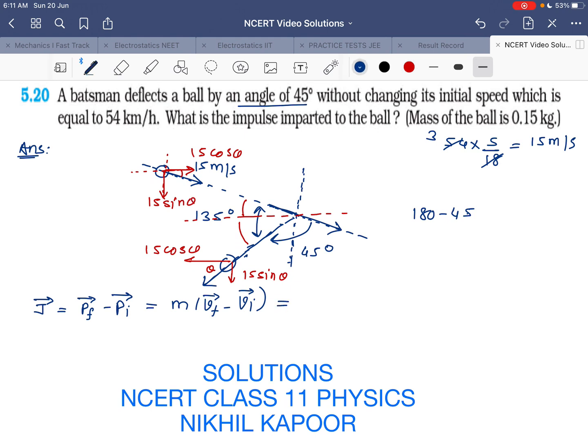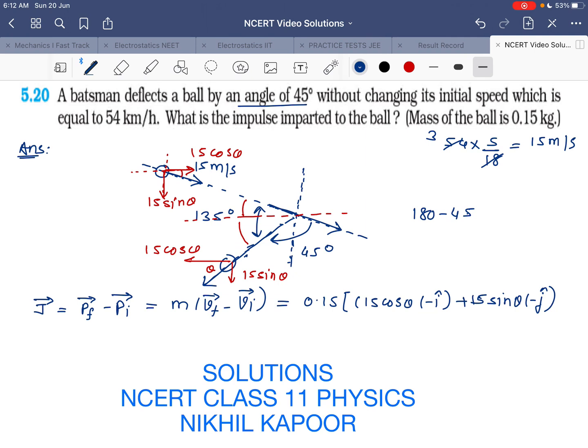The mass given to us is 0.15, the final velocity is 15 cos theta in the negative x direction according to my diagram, while 15 sin theta in the negative j direction.